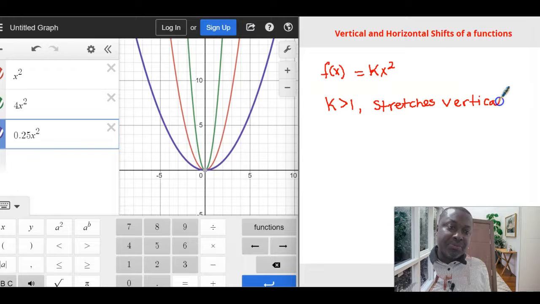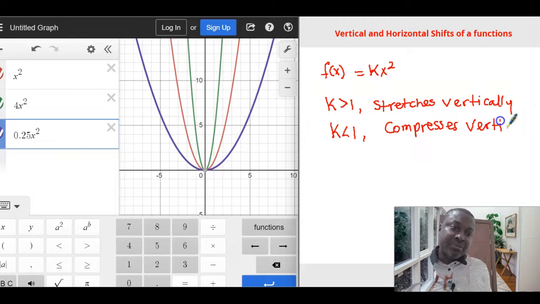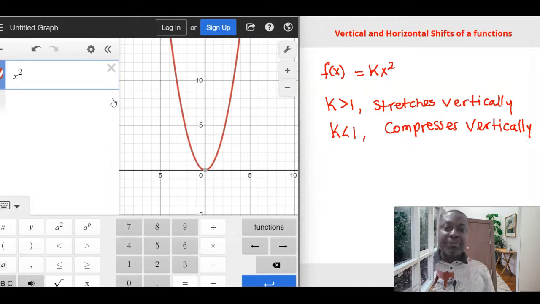But when the number is less than 1, it's moving away from the y-axis, it compresses vertically. So when k is less than 1, it compresses vertically. Awesome. Now let's see what happens on the horizontal part of it.